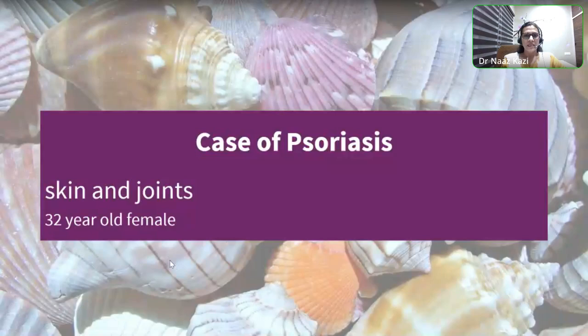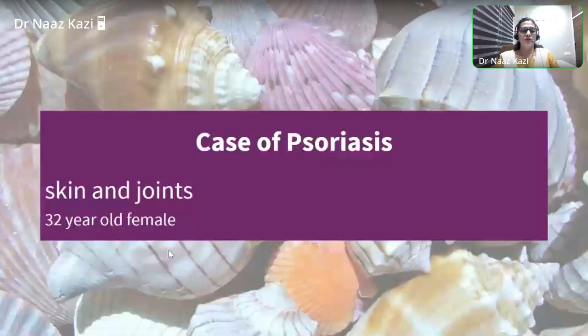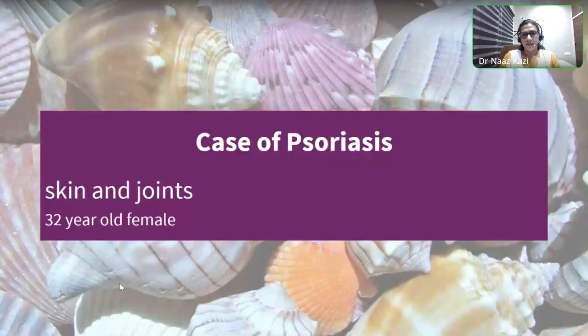So I start this case. This is a very old case, approximately 10 years ago. I had taken this case in December of 2014, and this was a lady of 32 years. She came with psoriasis of the skin and the joints. I did this case on Skype because she stayed overseas. At the time when she saw me, she was in very bad shape.